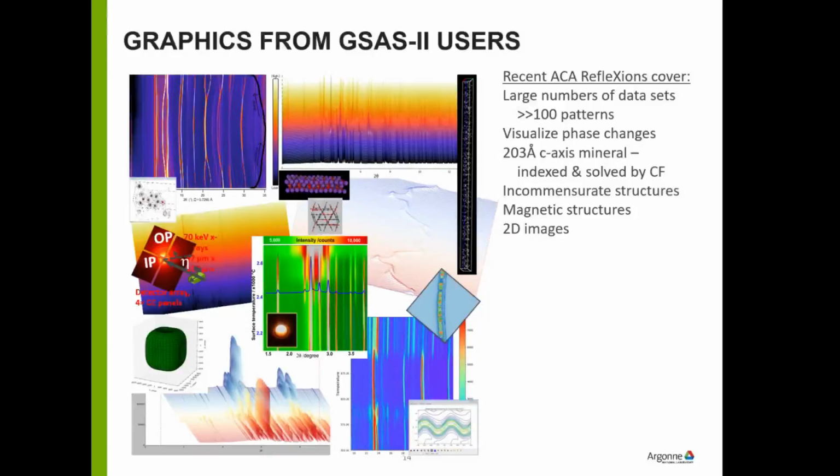Most everybody sent multiple images of multiple data sets, hundreds of powder patterns in some cases. I threw in this little guy here, which you'll see a little later on, and also this little guy. Joel talked about a structure with a crazy lattice parameter of 50 angstroms or something like that.